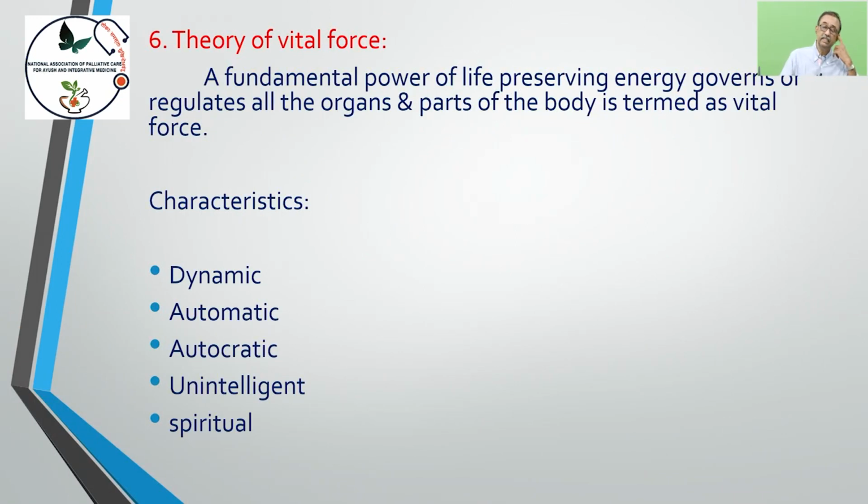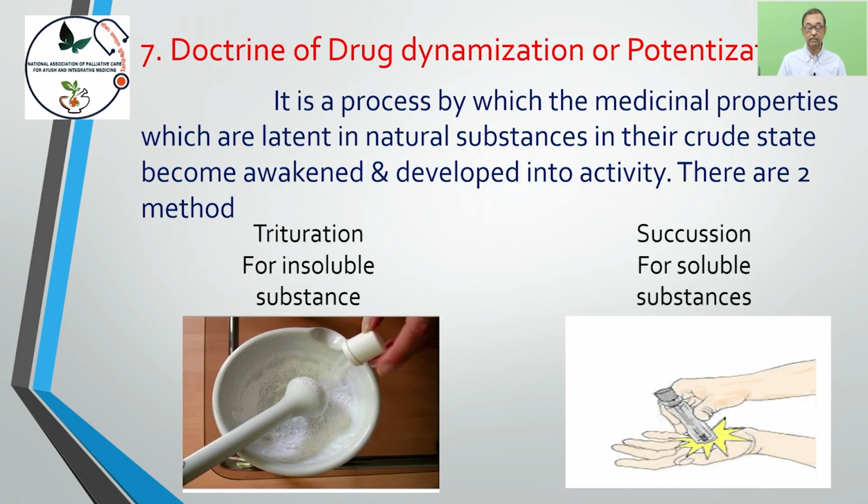The next theory is the theory of vital force. The fundamental power of life preserving energy that governs or regulates all the organs and parts of the body is termed as vital force. What are its characteristics? Dynamic, automatic, autocratic, unintelligent and spiritual.